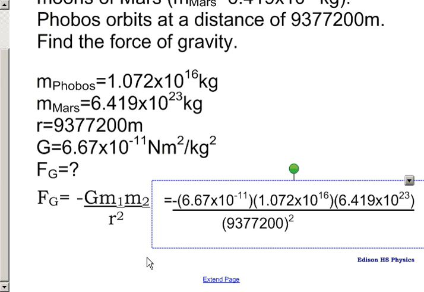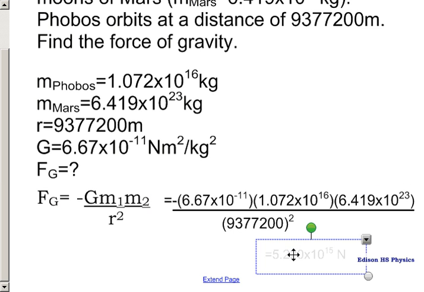So it'll be 6.67 times 10 to the negative 11th times 1.072 times 10 to the 16th times 6.419 times 10 to the 23rd, all over 9,377,200 squared.